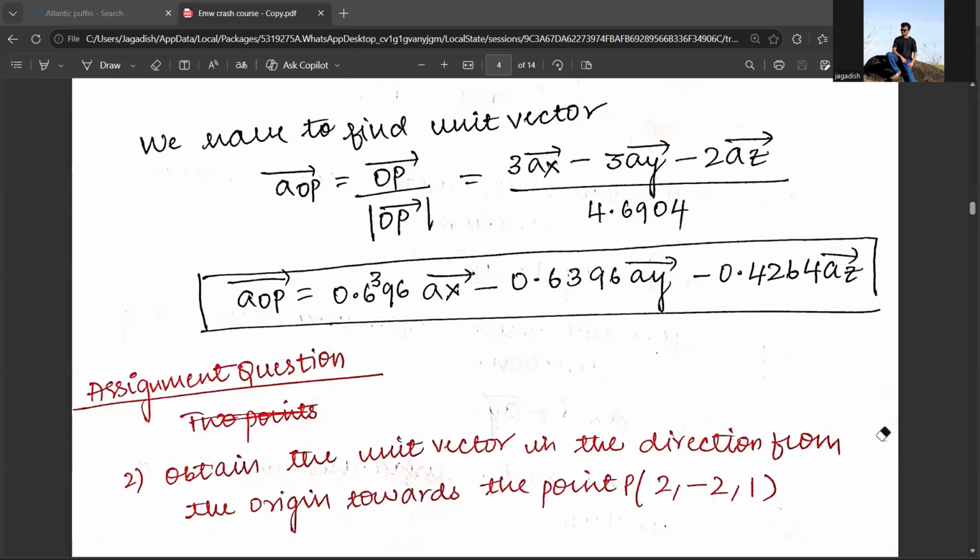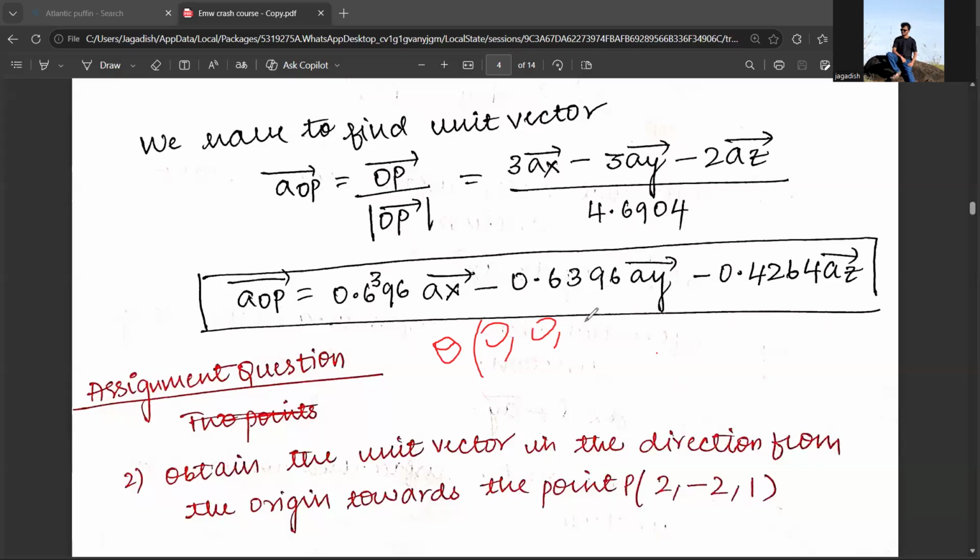Obtain the unit vector in the direction from the origin towards the point P(2, minus 2, 1). First, what will you do? You will write the origin. Origin is what? 0, 0, 0.